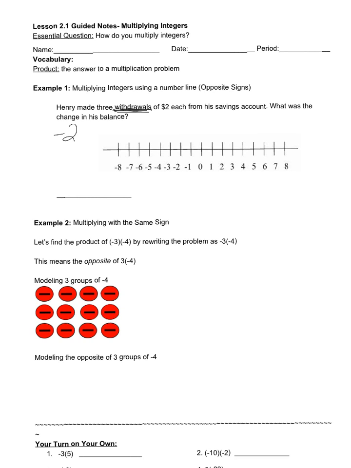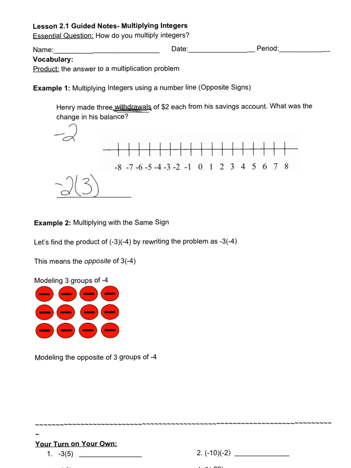So we know that multiplication is just like repeated addition. So I know that that's -2 plus -2 plus -2, which is essentially the same as a multiplication problem, -2 times 3.